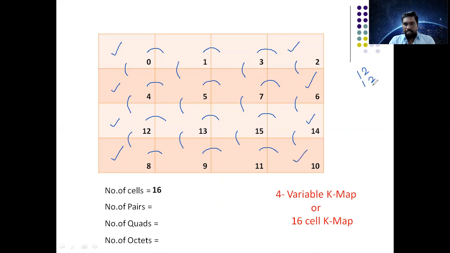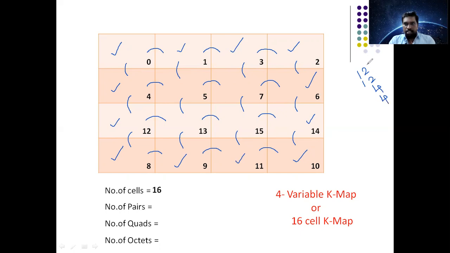Total you will have 4 extra. Again, 0 and 8 will be one pair, 1, 9 will be one pair, 3, 11 will be one pair, and 2, 10 will be one pair. You will have 4 more extra.